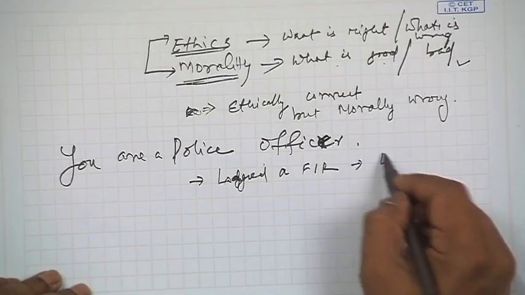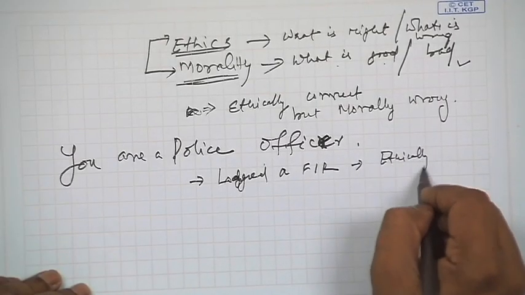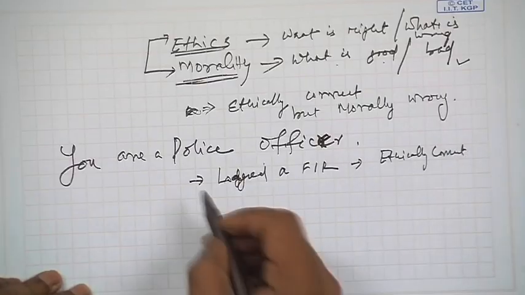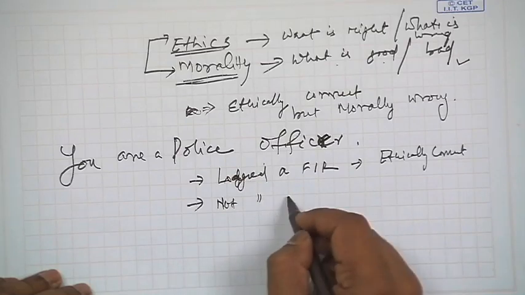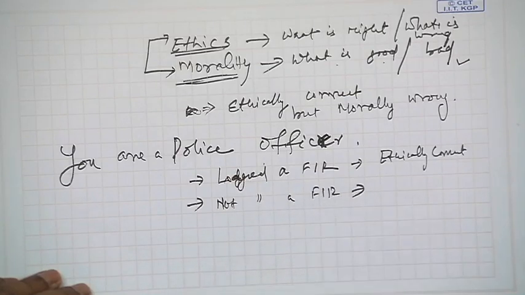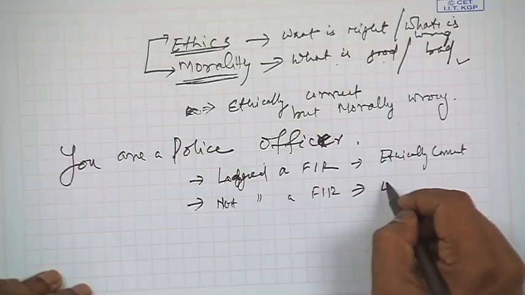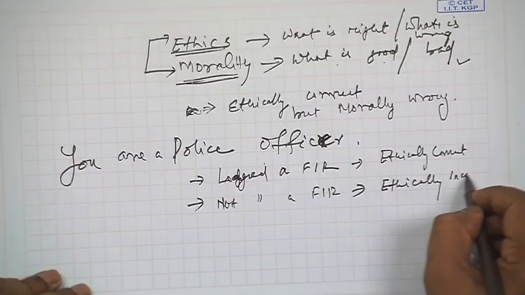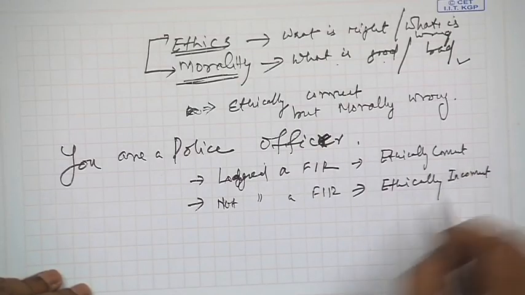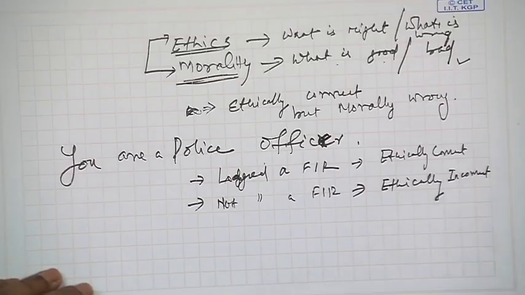So, this is what we call ethically correct. But when you think that you are the brother of the same person who has committed the crime, you say no, not lodging the FIR is ethically incorrect, because you are violating the principles of your duties.